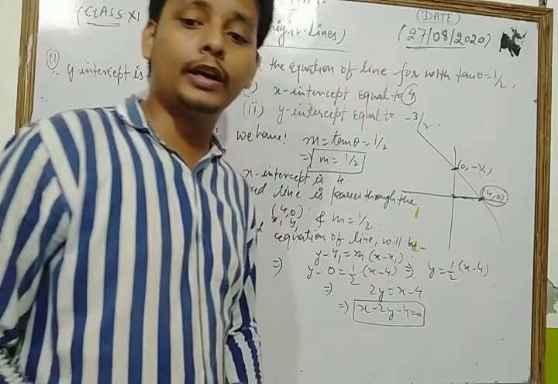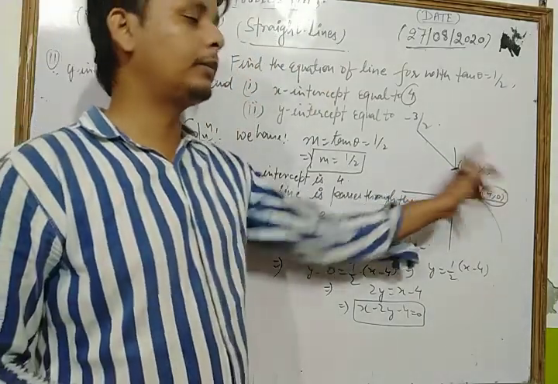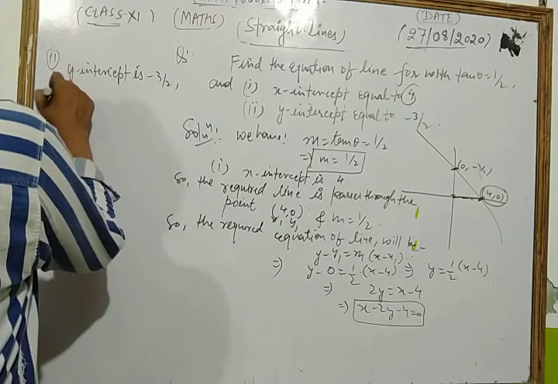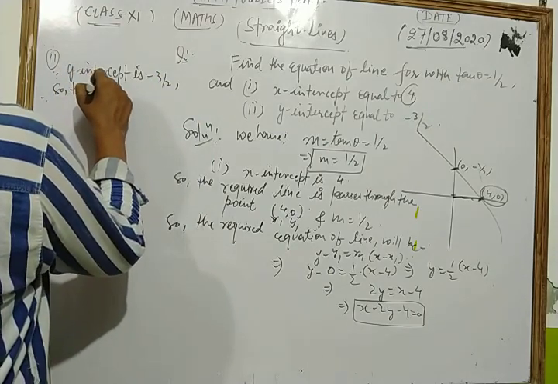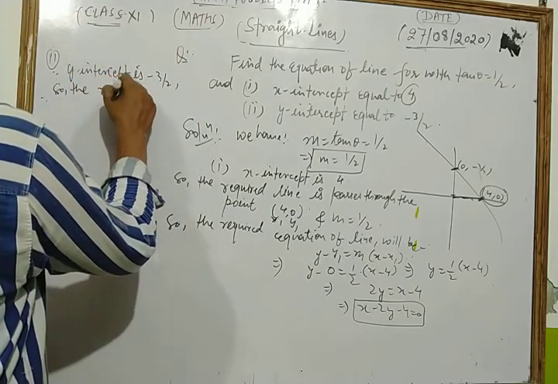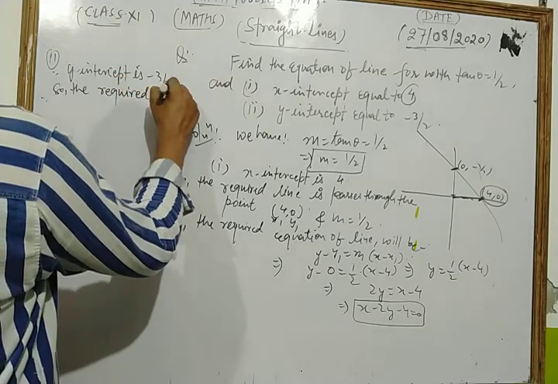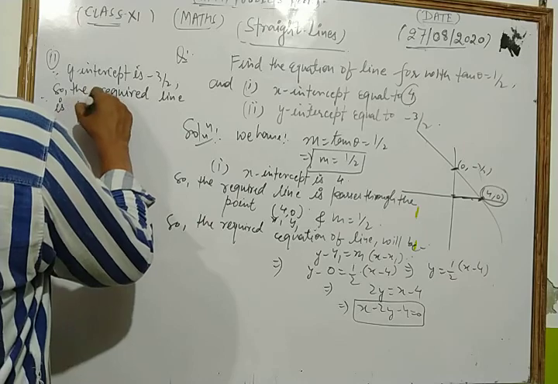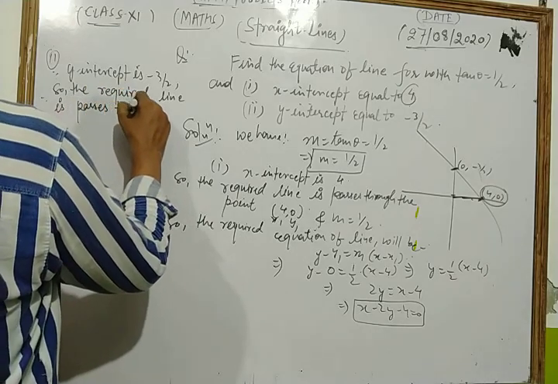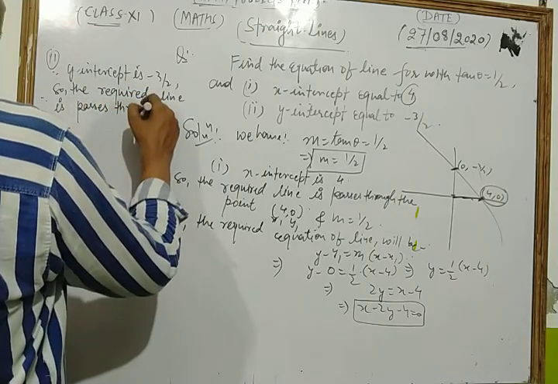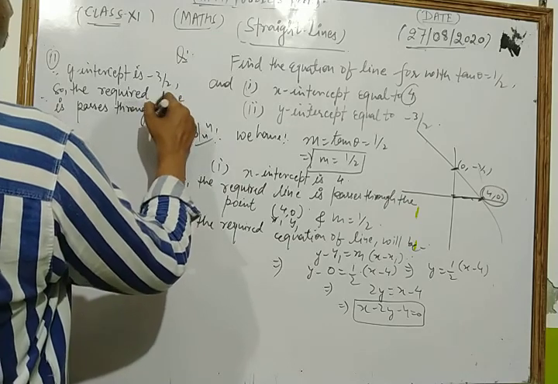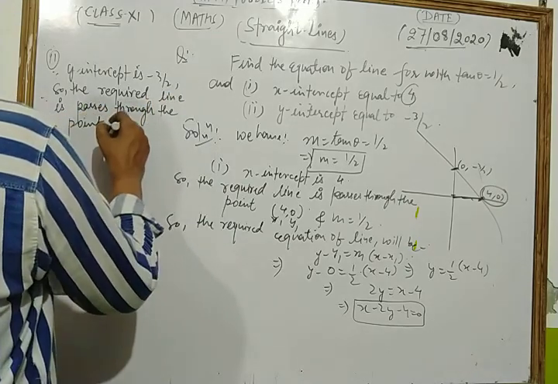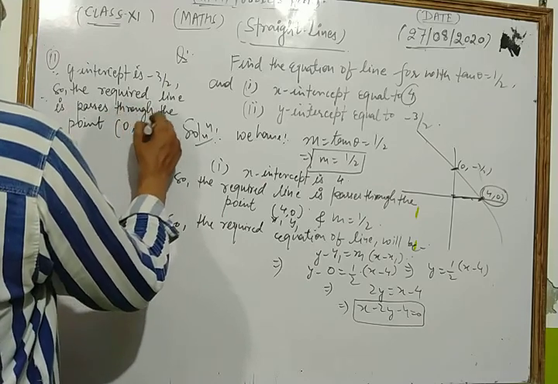So the required line passes through the point 0 and minus 3 by 2, because here the y-intercept is minus 3 by 2.